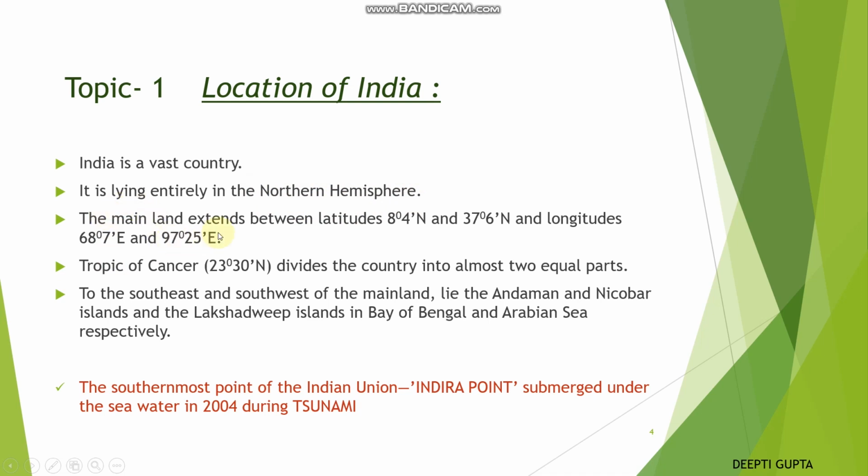The mainland extends between latitude 8 degrees 4 minutes north and 37 degrees 6 minutes north, and longitude 68 degrees 7 minutes east and 97 degrees 25 minutes east. The Tropic of Cancer, that is 23 degrees 30 minutes north, divides the country into almost two equal parts.